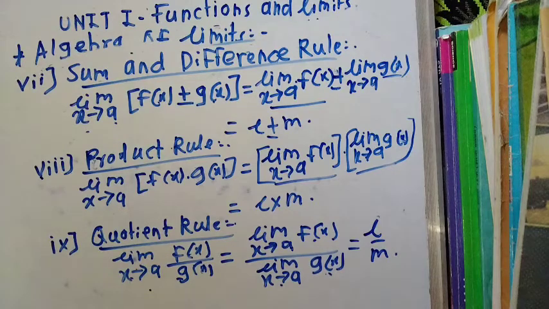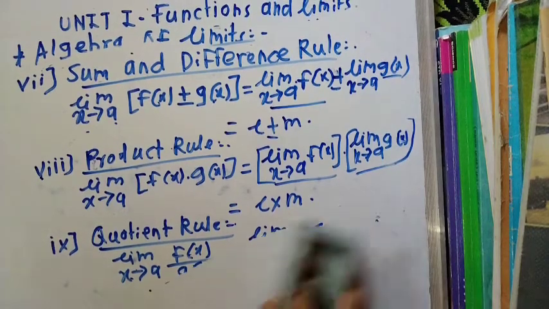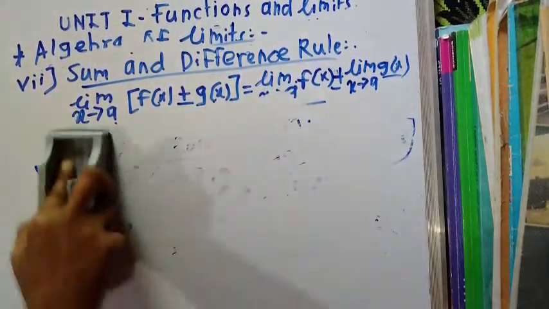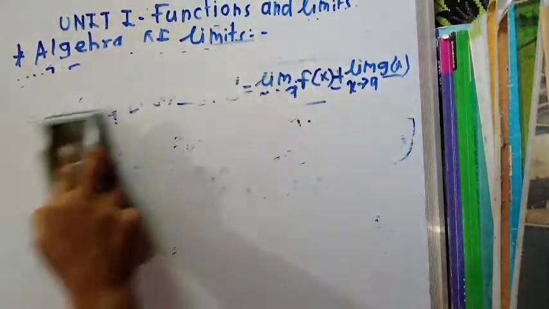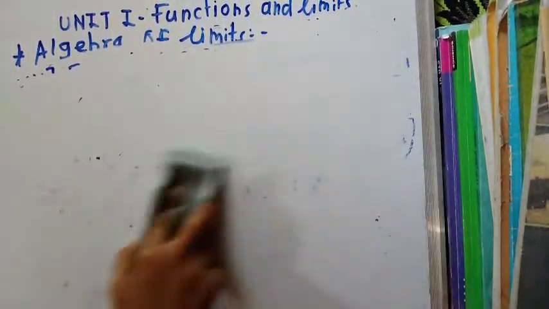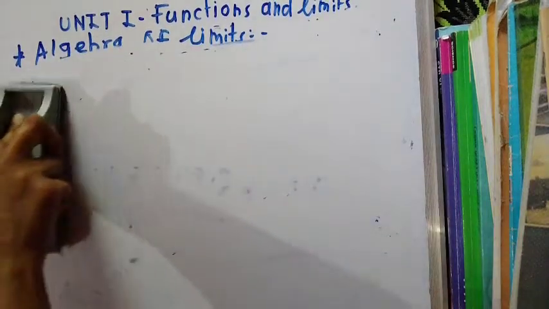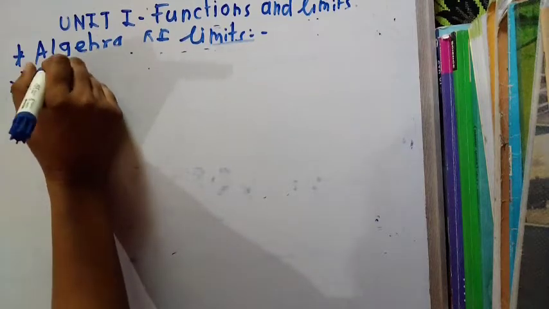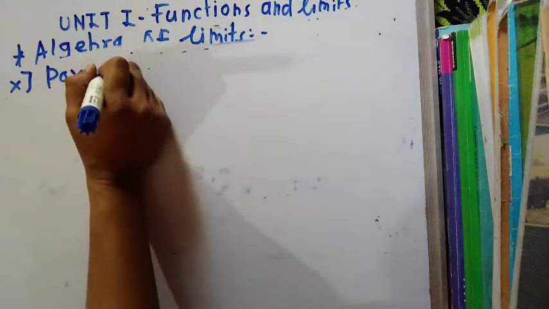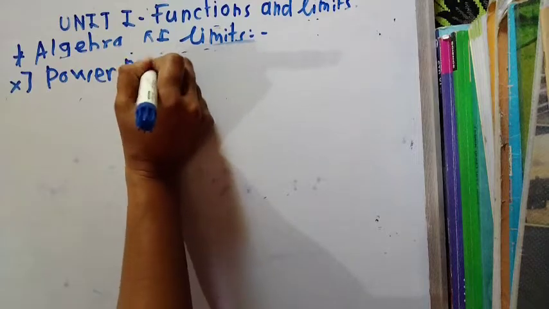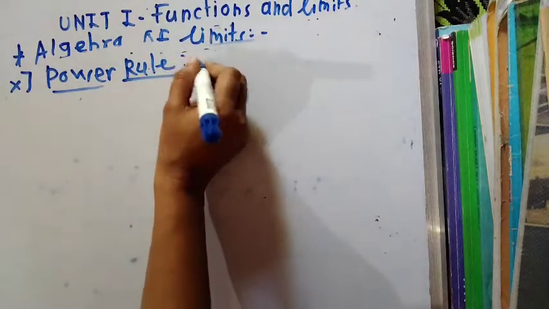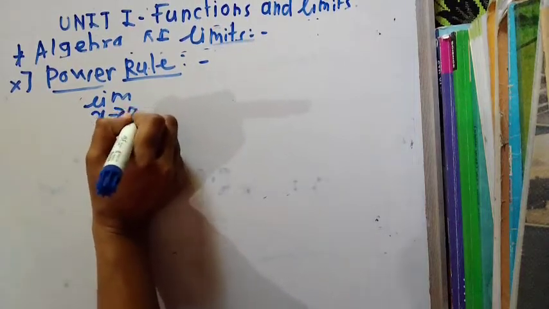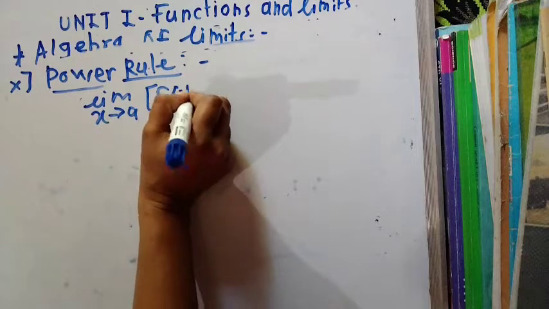Then the last rule is the power rule, or algebra of limits. Power rule: limit x tends to a f of x raised to n.